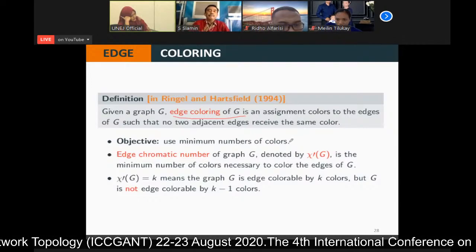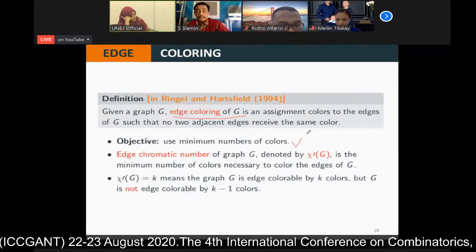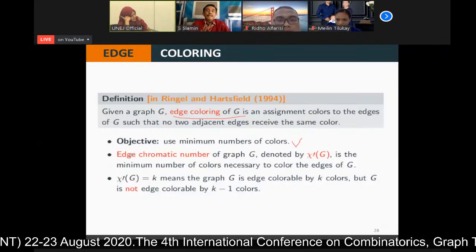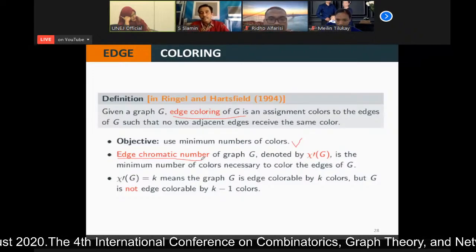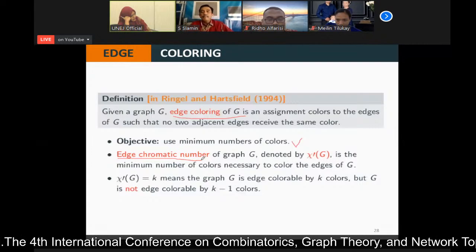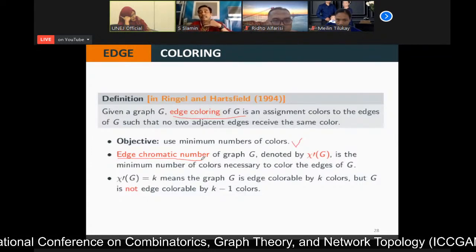The objective is also the same, we want to minimize the number of colors. We have the edge chromatic number, denoted by chi prime of G, which is the minimum number of colors necessary to color the edges of G.